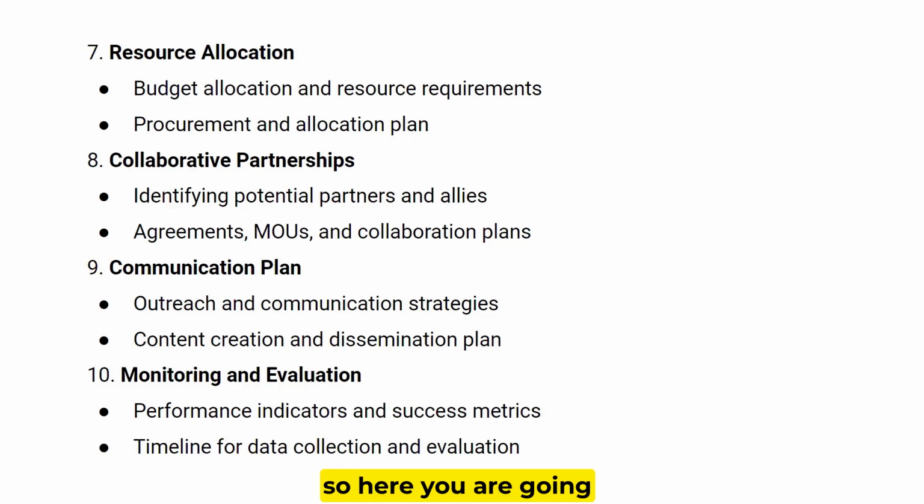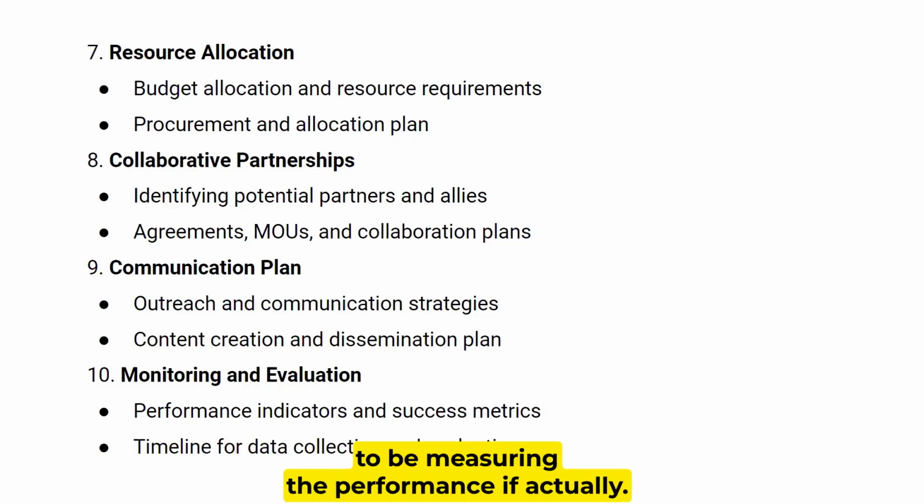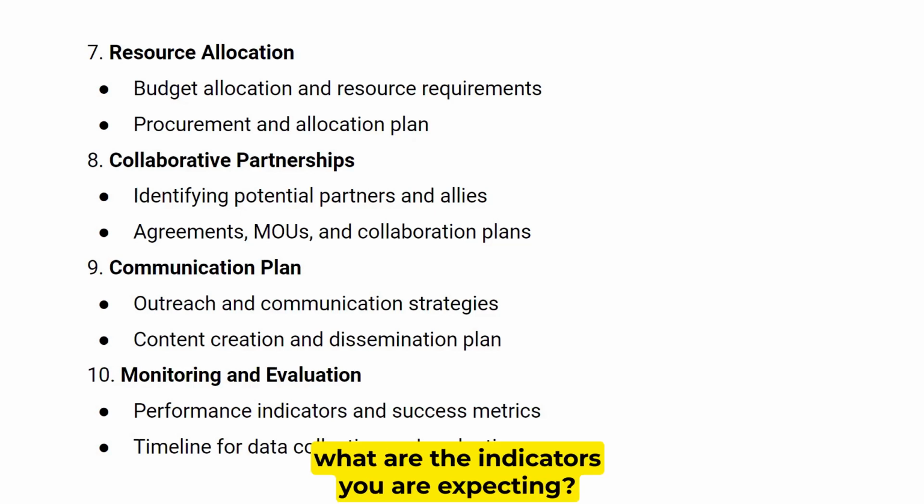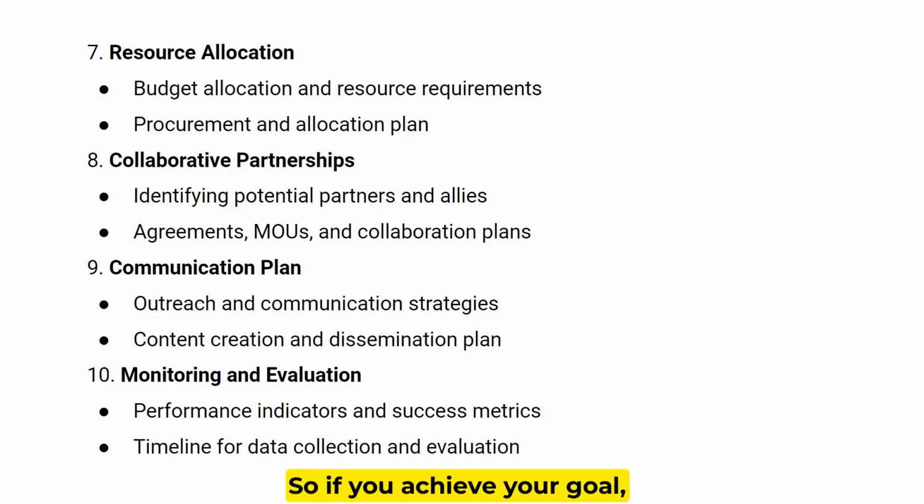So here you are going to be measuring the performance. If you are going to be reaching out to 500 people, what are the indicators you are expecting? If you achieve your goal, your objective, what are the indicators? So these are the performance indicators.